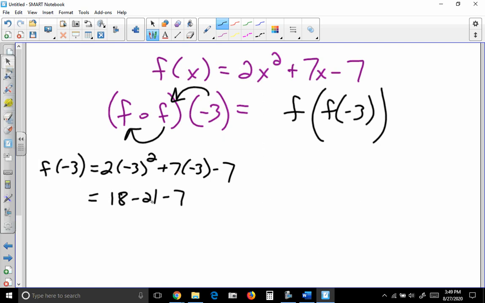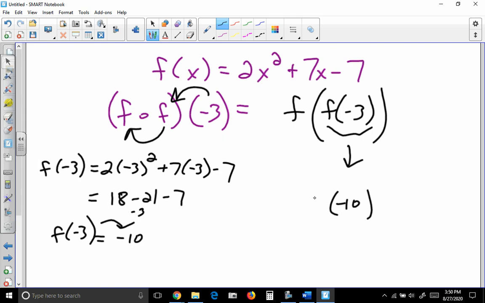So 18 minus 21, that's -3. -3 minus 7 is -10. So when we plug -3 into our function, we get -10. So f of -3 is -10.